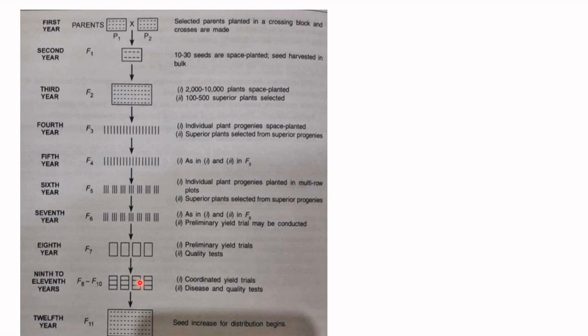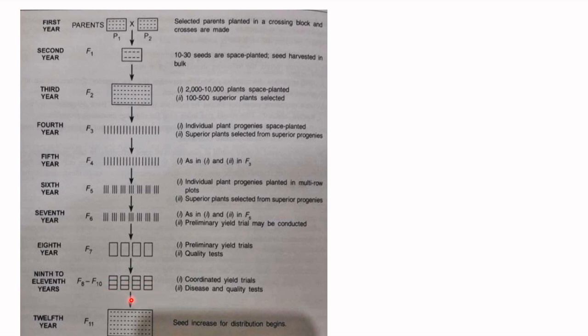And in the next generations, if it succeeded in preliminary yield trial, it can go through multi-locational trial, also known as coordinated yield trial, or advanced yield trials. So after passing through a preliminary yield trial, it has to be shown in different locations of AICRP research stations, or in farmers' fields, in order to test for adaptability against the check varieties of the particular regions. 4 different regions are indicated here with 3 replicates.